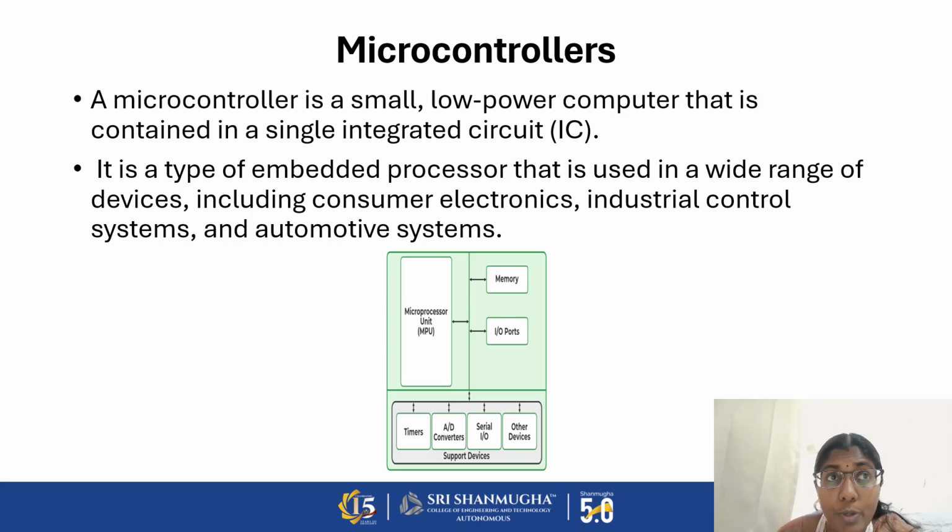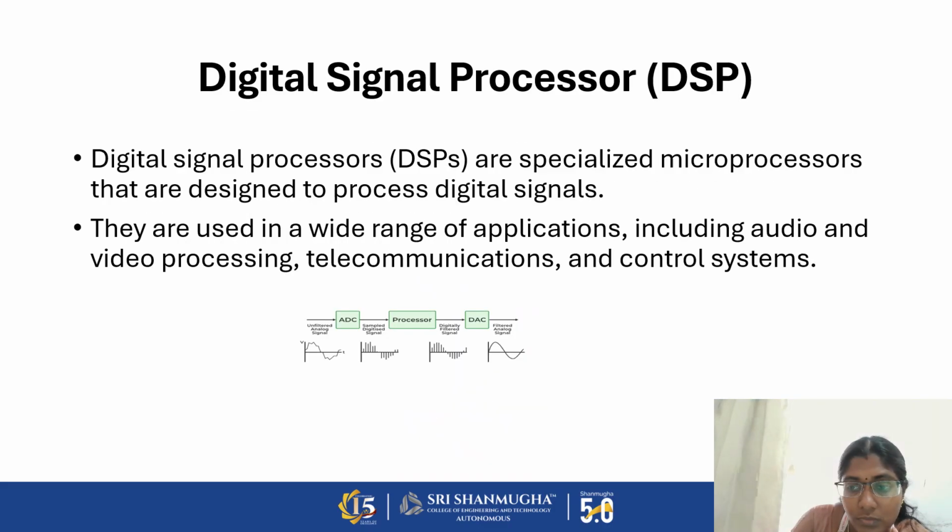But if you want to perform high performance tasks and high input output capabilities in an embedded processor, at those places this microcontroller will not work. So for simple applications, you can use a microcontroller. That will be simple and inexpensive.